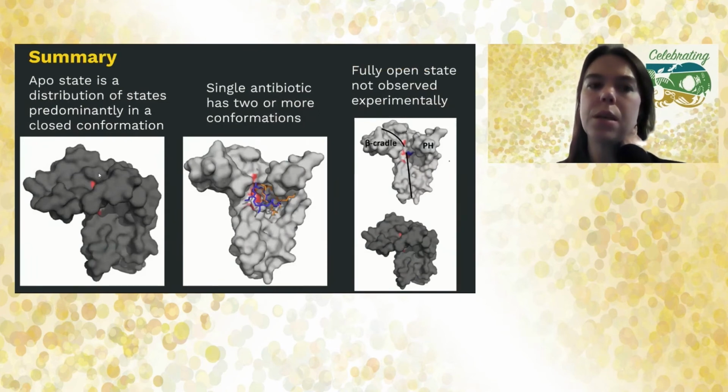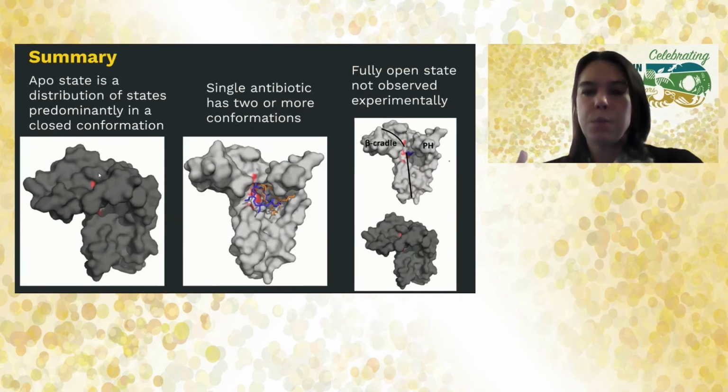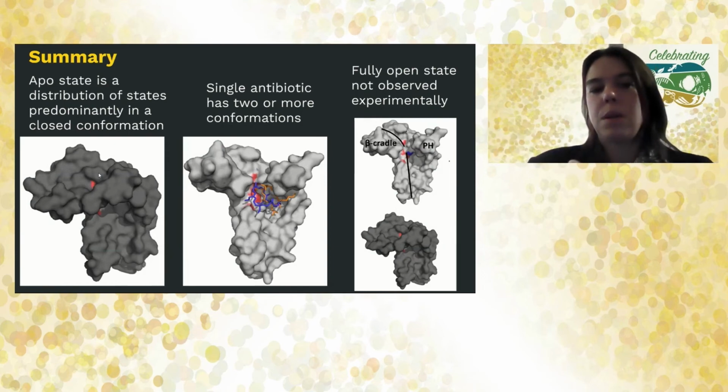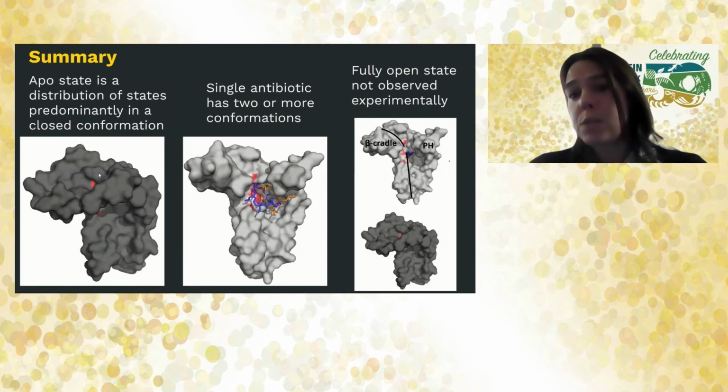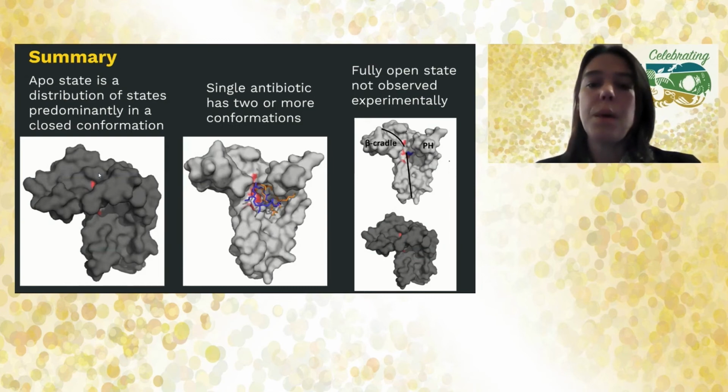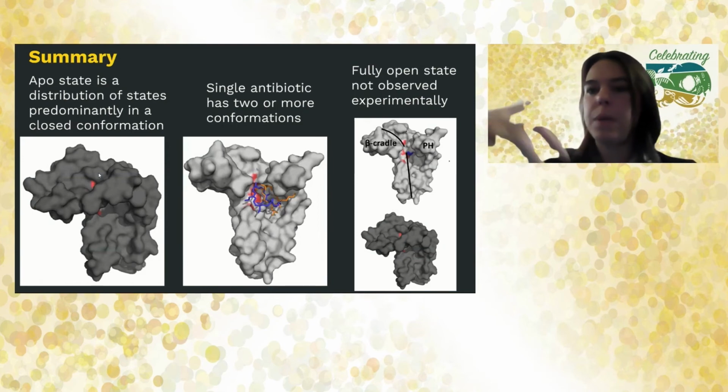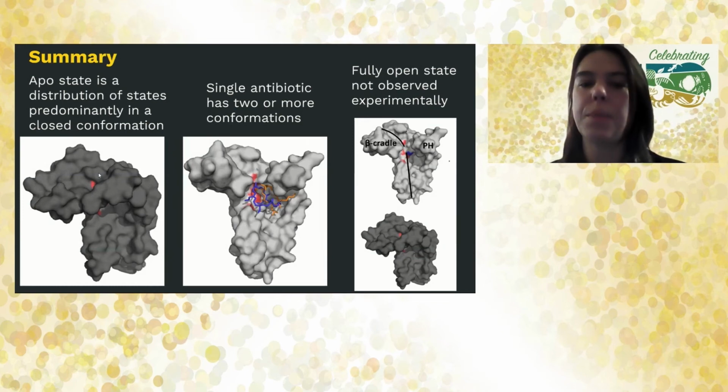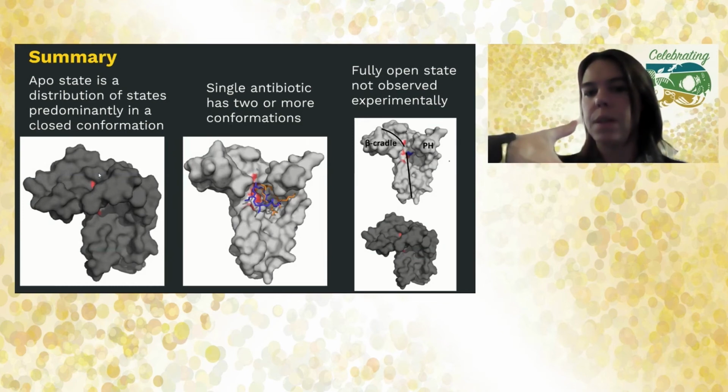We have an apo state, which is a distribution of states with a predominantly very closed conformation, with the pH domain coming in and including any of the charged residues in the active site. Then with a single antibiotic bound, we have at least two conformations that are consistent with the periplasmic helix coming in and out from that binding site on top of the antibiotic.